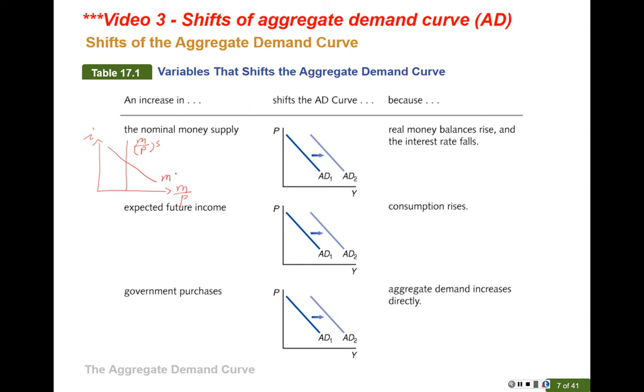And the money demand is a downward sloping curve. So the money supply increase means the Fed takes expansionary monetary policy.